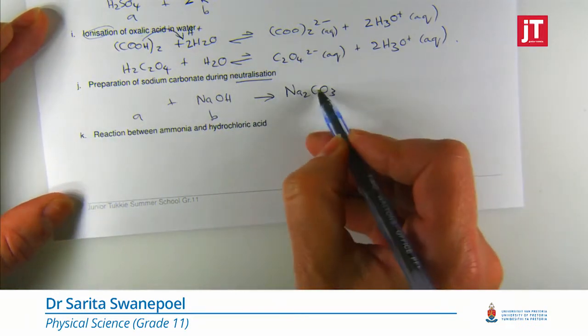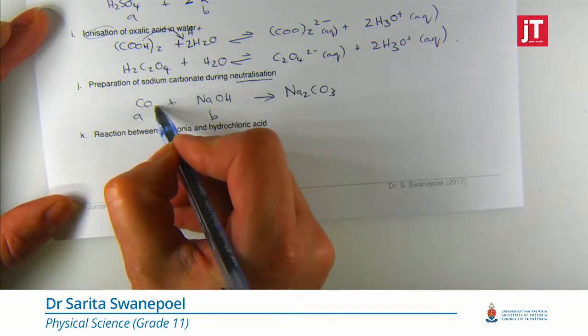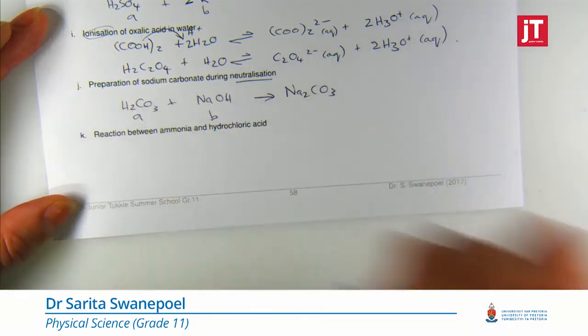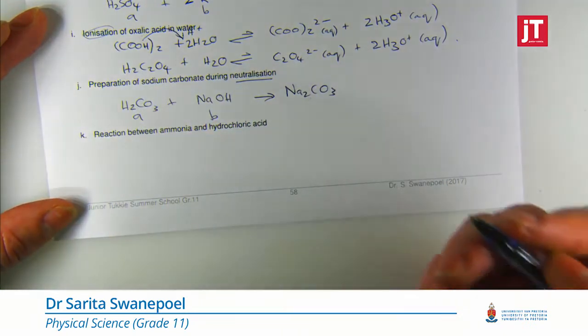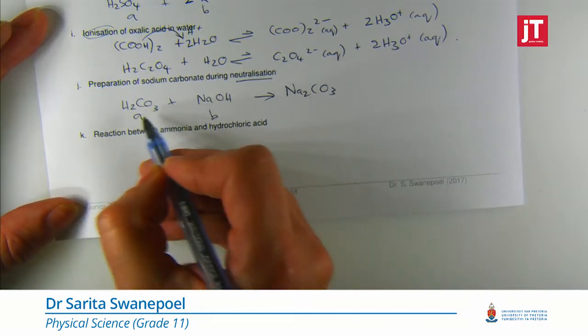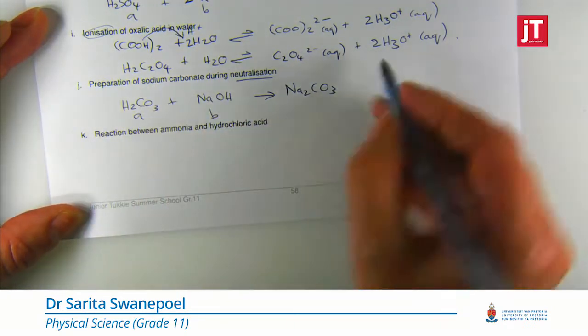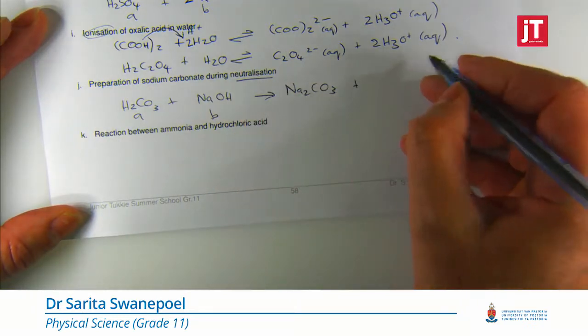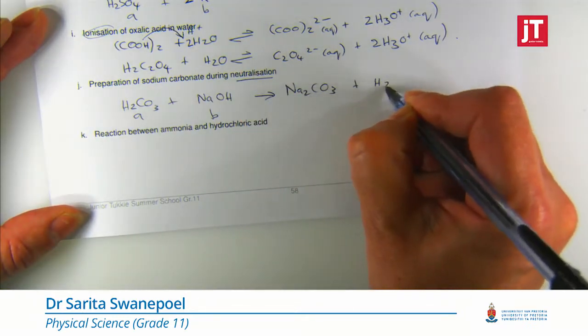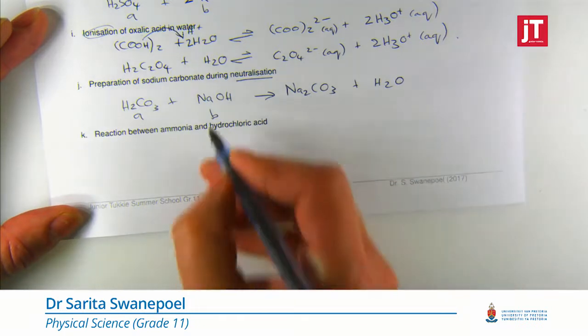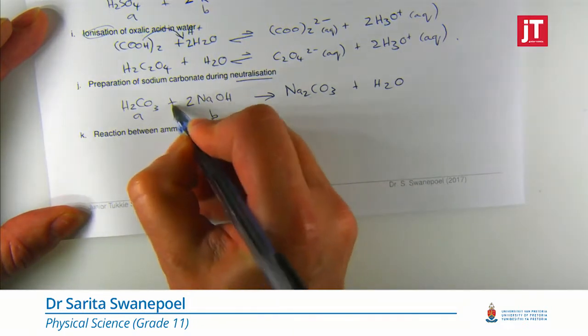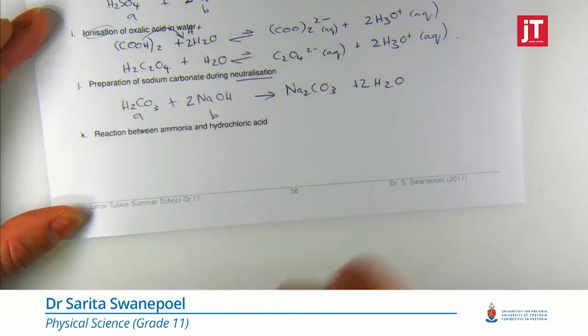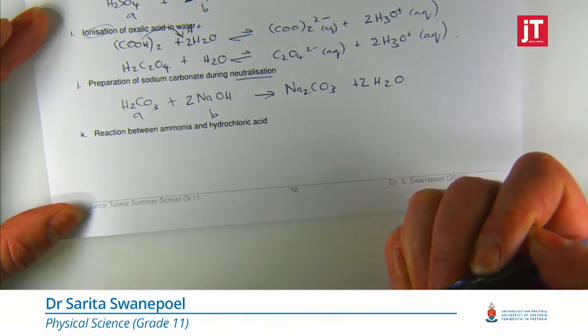The carbonate should come from the acid, so you've got H2CO3, carbonic acid. And now they will react, and you will end up with that. And if it is a neutralization, the other product that I expect is water. And then we need to balance it. 2 over there, 2 over there, balanced.